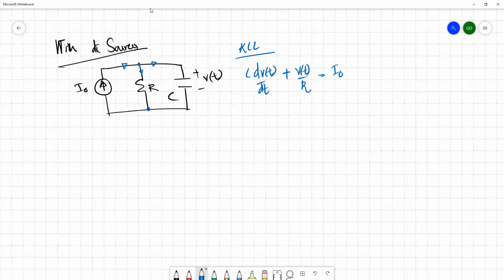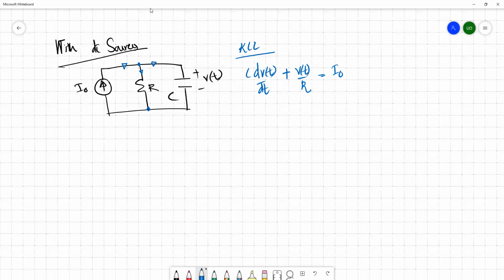So then we rewrite this equation so that it is aligned with a first order differential equation. To make it a first order differential equation, the coefficient of the first order derivative should be 1.